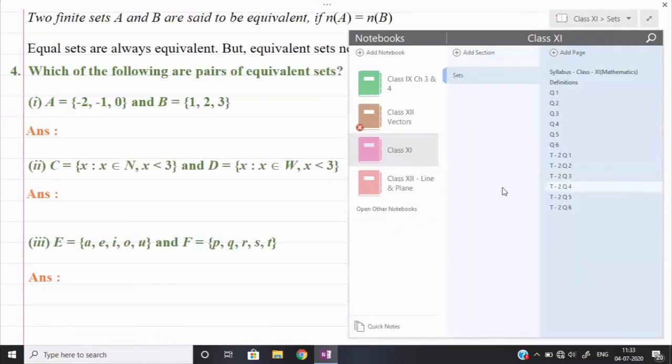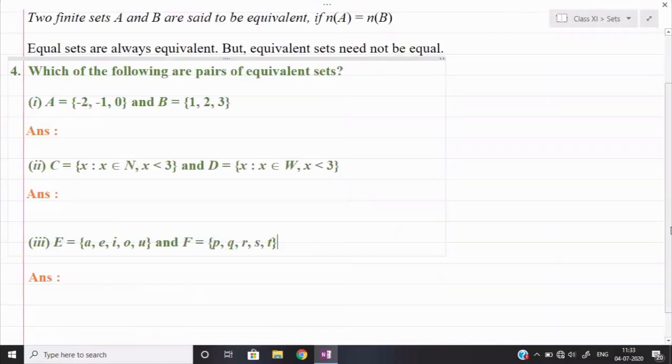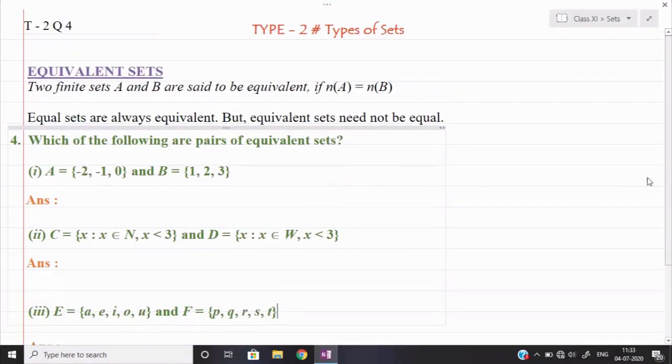Now see, in the fourth question, they are talking about equivalent sets. So what is the meaning of equivalent set? An equivalent set is very similar to an equal set, but in an equal set, the number of elements and the elements should be the same. Here, two sets will be called equivalent sets if their number of elements are the same.